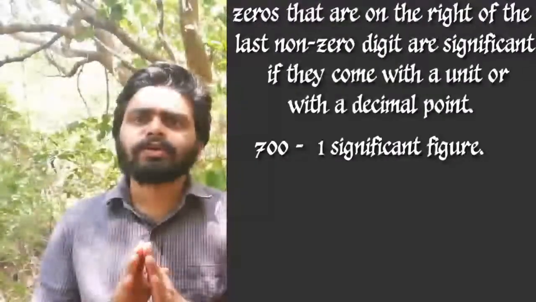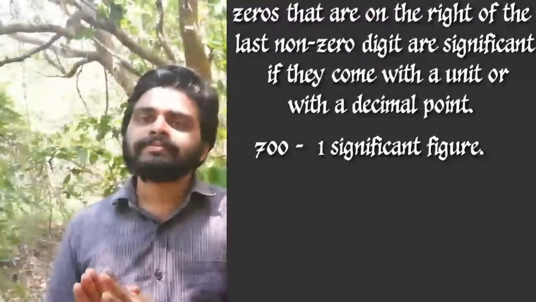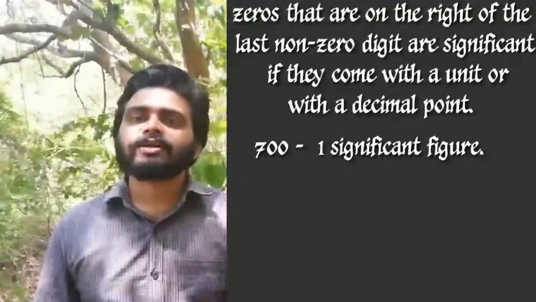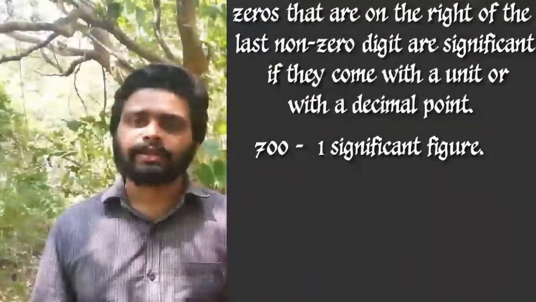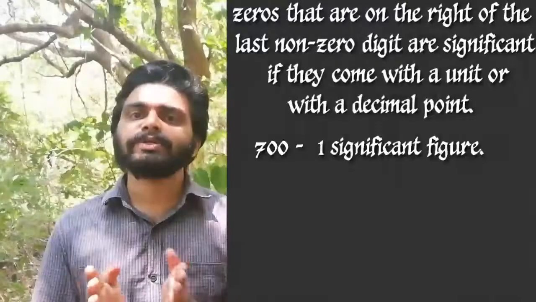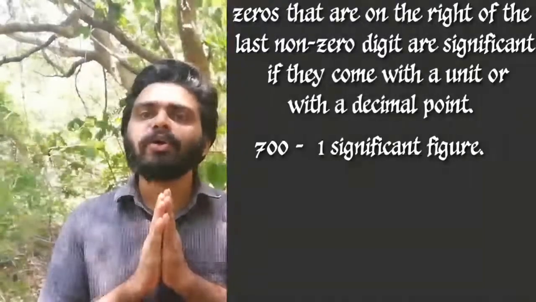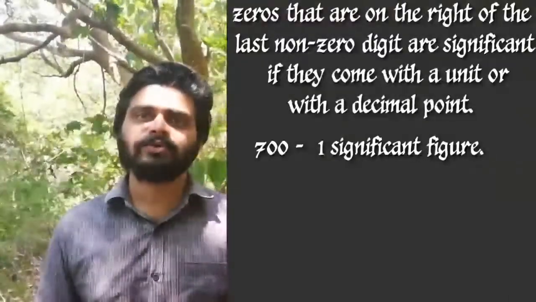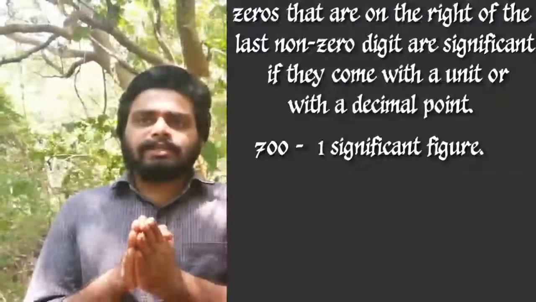Suppose a measurement is only 700. Then the number of significant digits is only 1, that is 7. The trailing zeros are not significant because no unit is mentioned and there is no decimal point. These are certain situations.